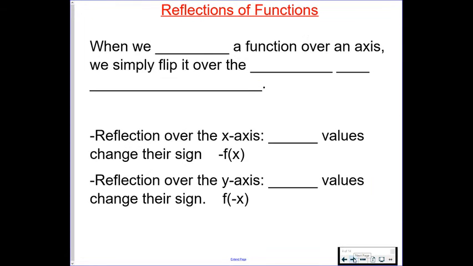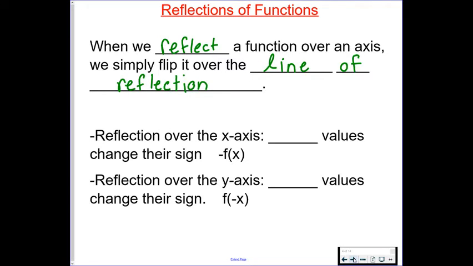Now we're going to talk about reflections today. When we reflect a function over an axis, we simply flip it over what's known as the line of reflection. This line of reflection today is going to be an actual axis on the coordinate plane.